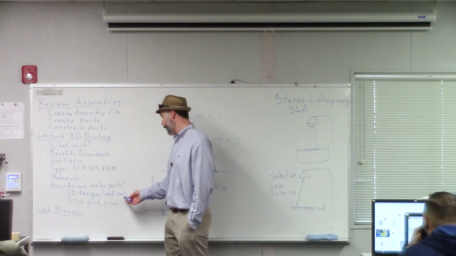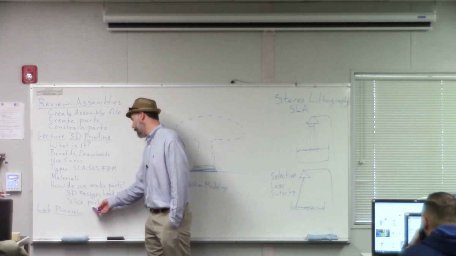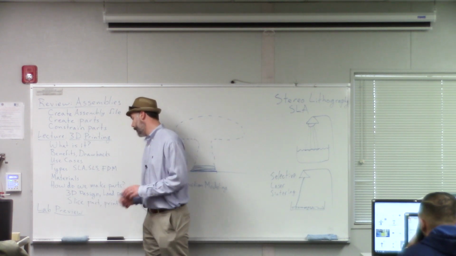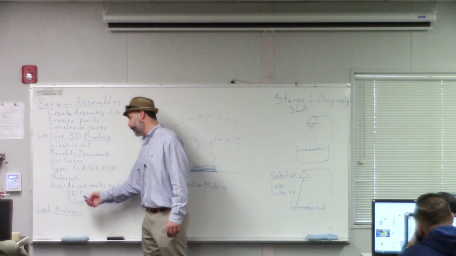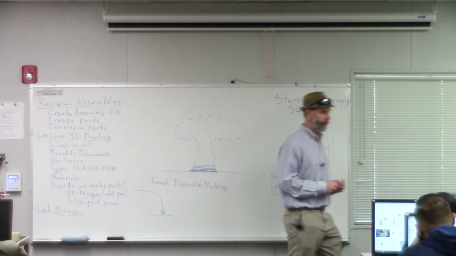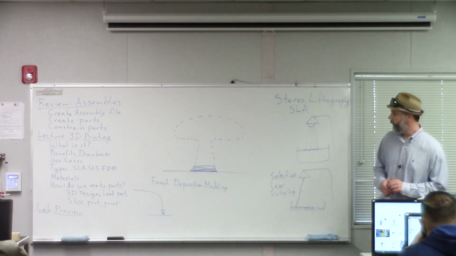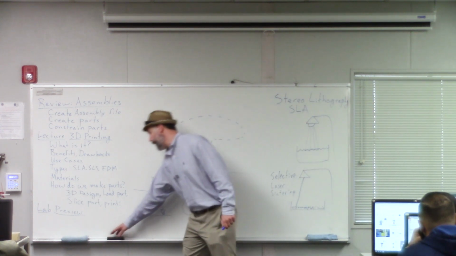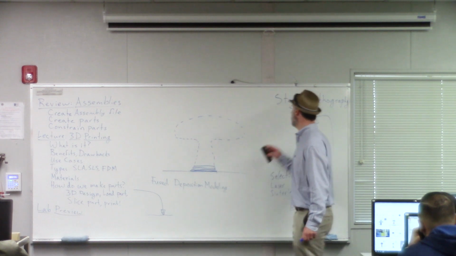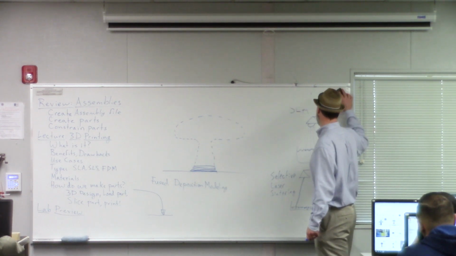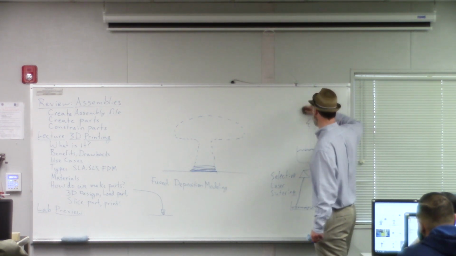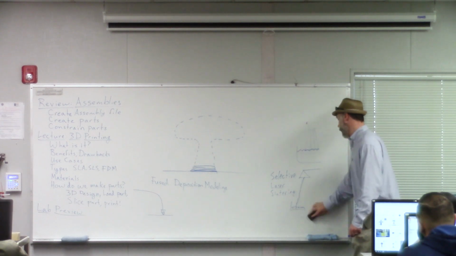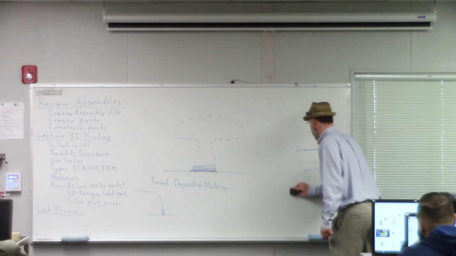After you've loaded it, then it's time to slice the part. So this is actually a relatively complex process. What this slicing does is that it takes your model, which might be a big solid part, and gets it ready to be 3D printed.